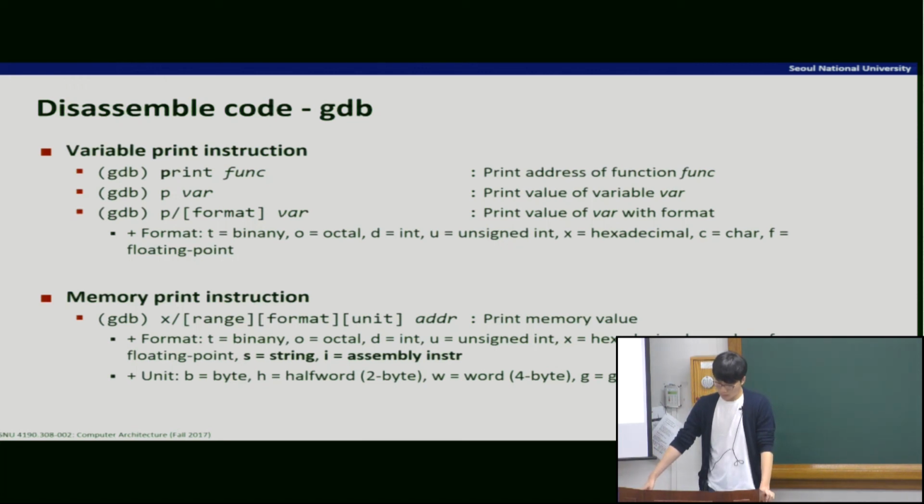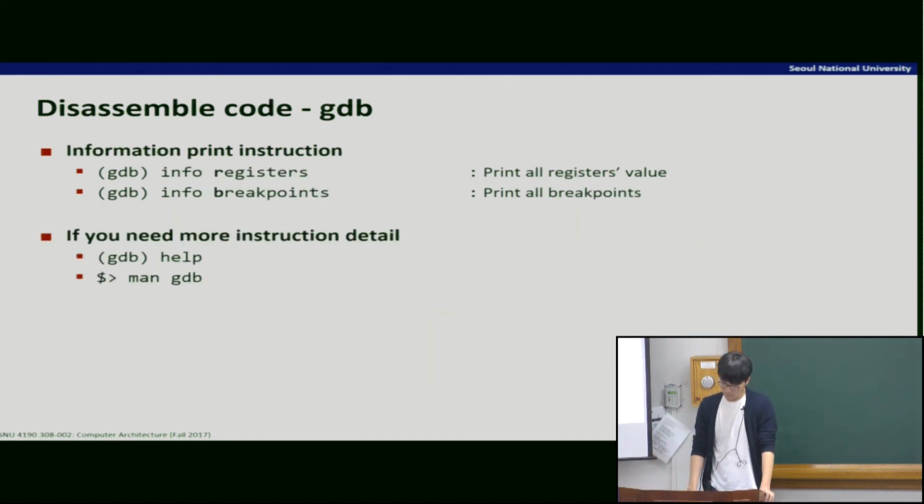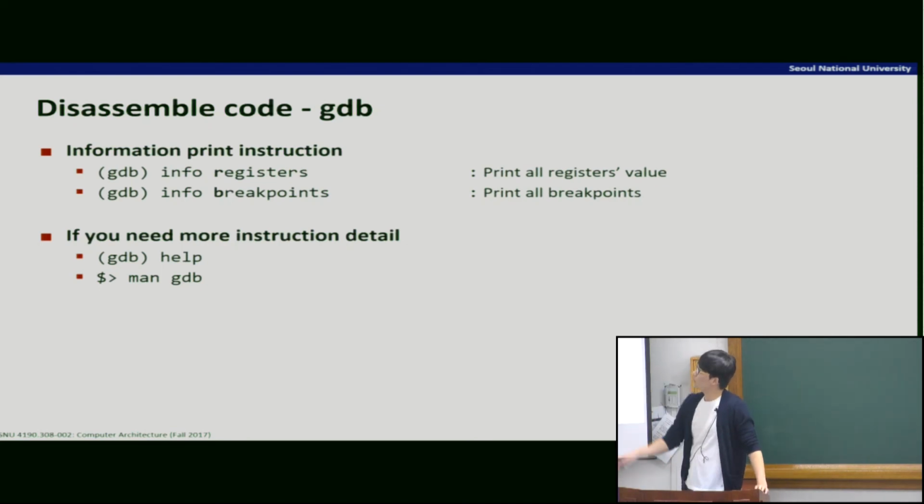If you want to see memory values, you enter x with an address, range, and format. If you want to know all register values or breakpoint locations, enter info registers or info breakpoints. If you need more instruction details, enter help in GDB or man gdb in the Linux terminal.